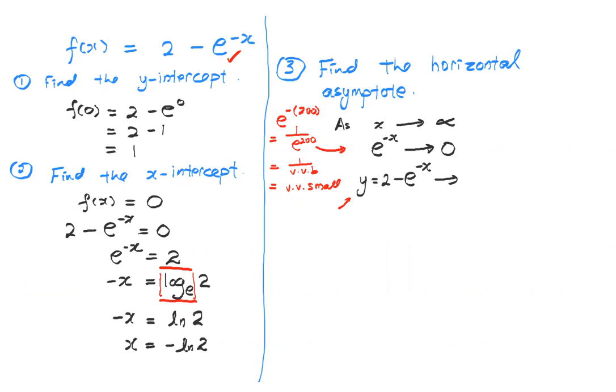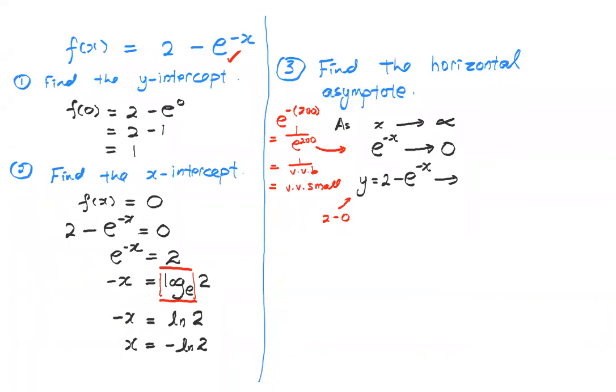This is my y or my f(x). Are you clear? Okay, so you should write your f(x). As x approaches what? I have to imagine this is 2 minus 0, correct?